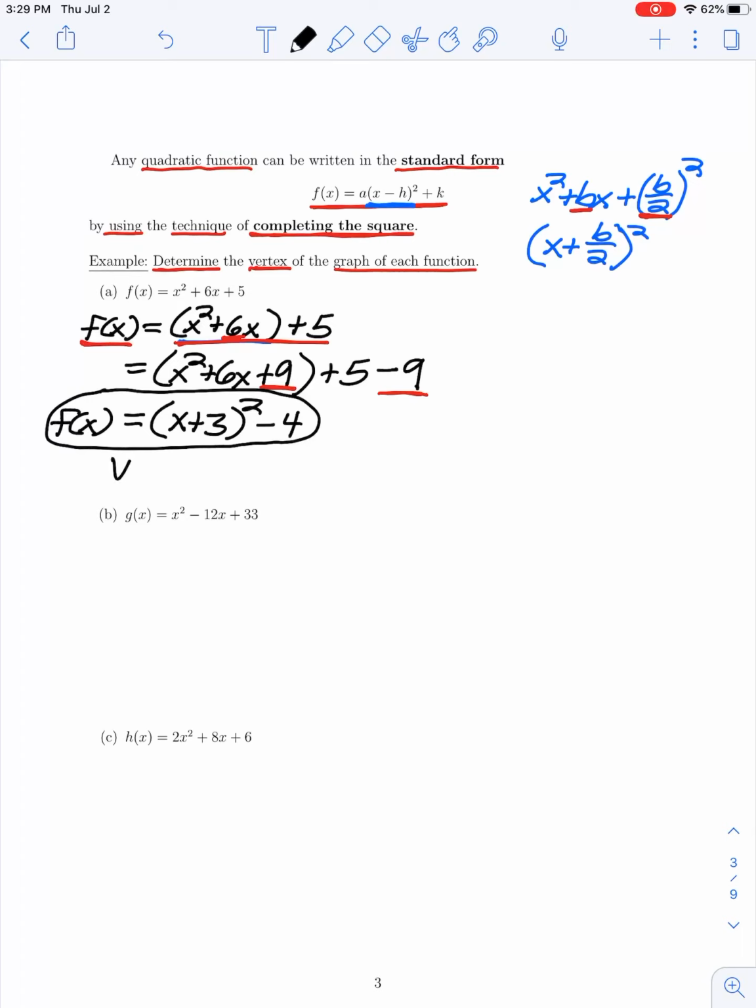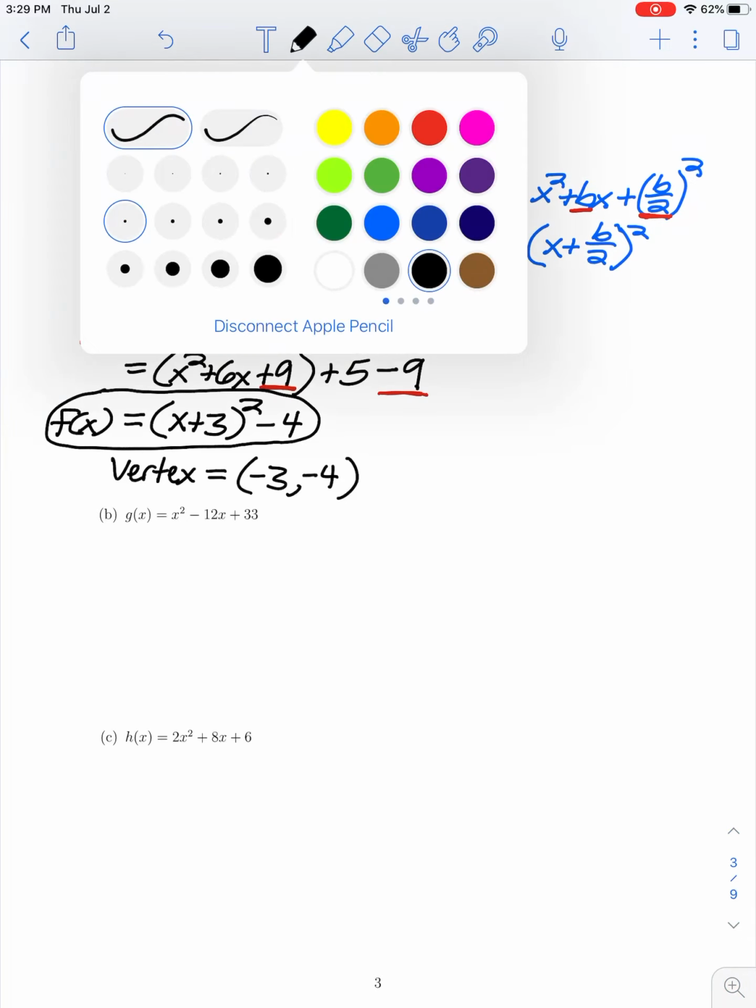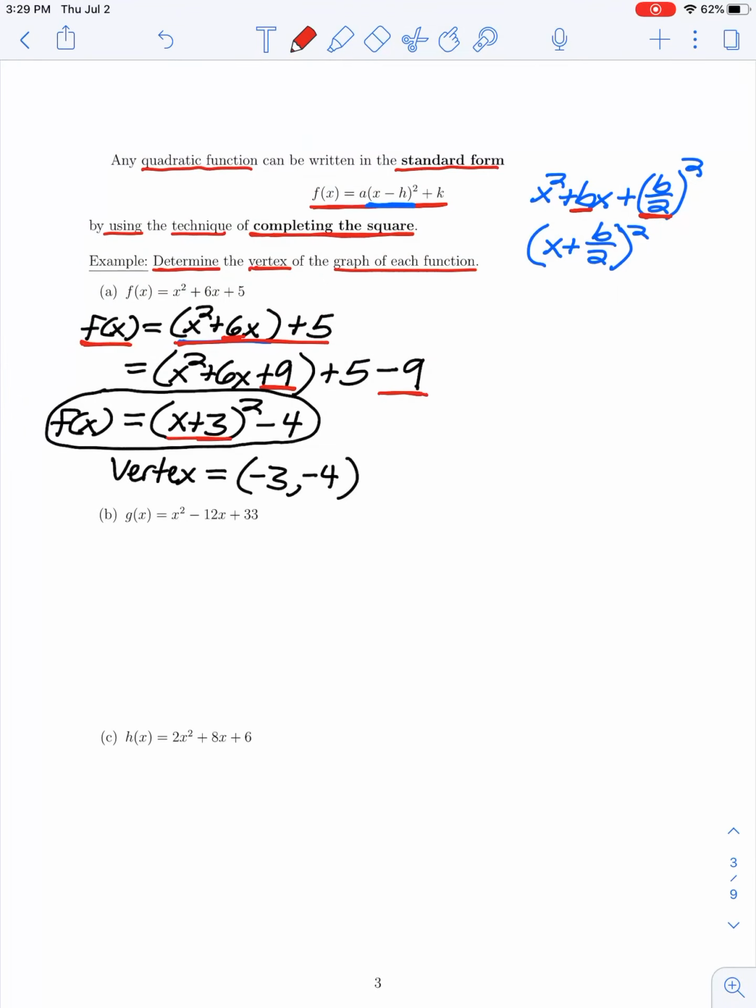And from here, I can find my vertex. The vertex of this parabola would be the point negative 3, negative 4. Now, why negative 3 there? Well, I have x plus 3 in parentheses, which I can think of as subtracting a negative 3. So that gives me my negative 3 for the x coordinate.